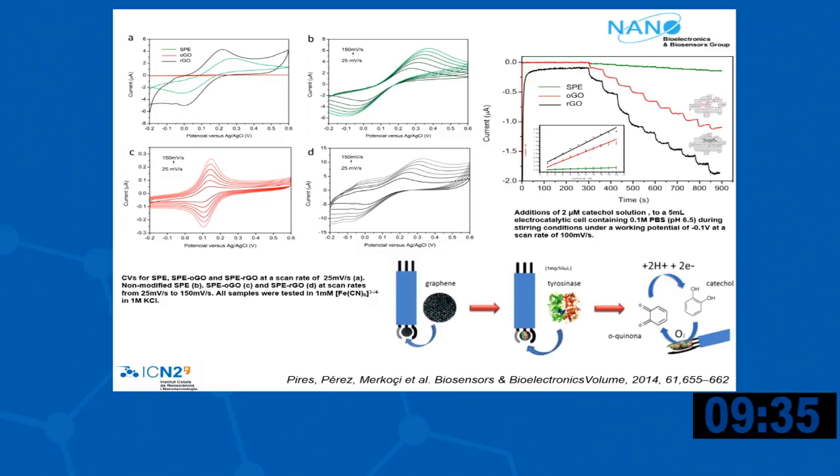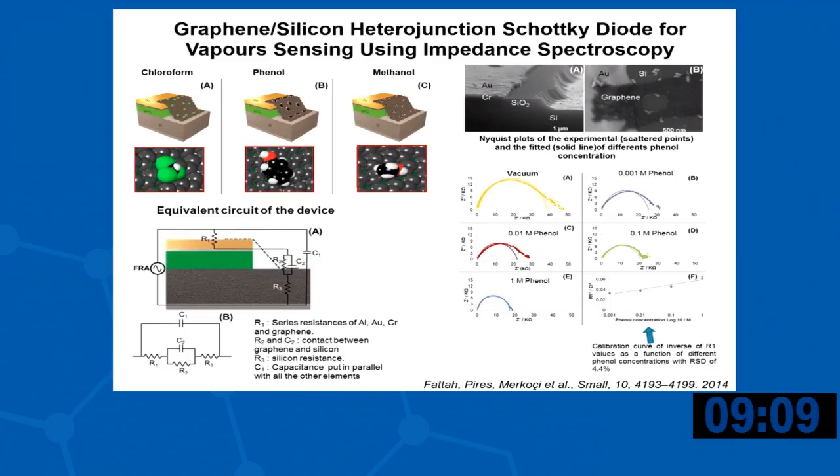You can see here the response of the system toward the increasing concentration of phenolic compounds. This is the case of the sensor without graphene, and you see here the sensor with graphene oxide, and then with less oxide, so more reduced, which is responding better. So the effect of graphene is evident, so we have a better sensitivity response in the case of graphene.